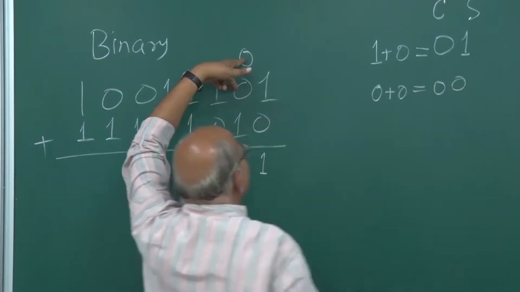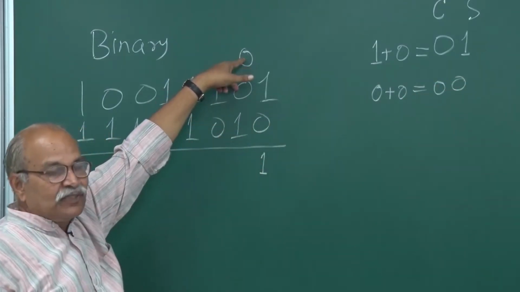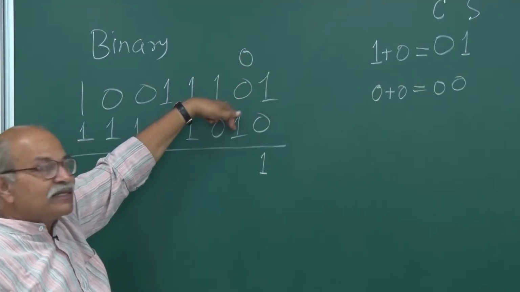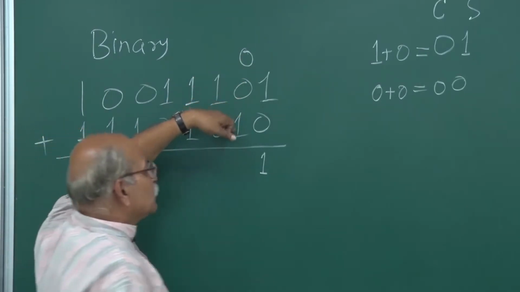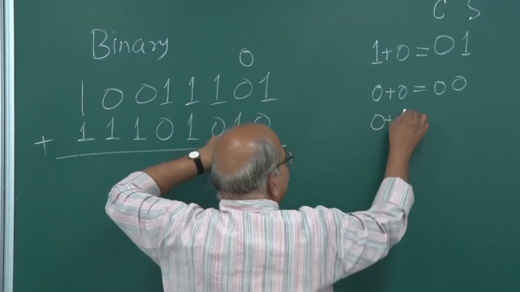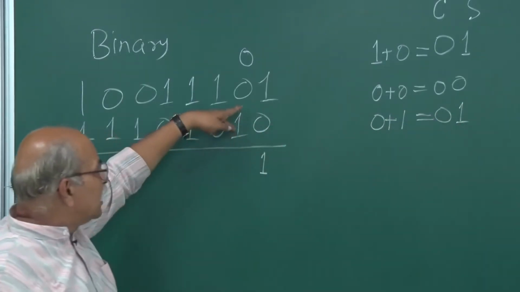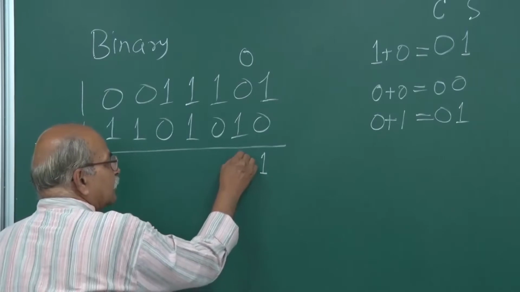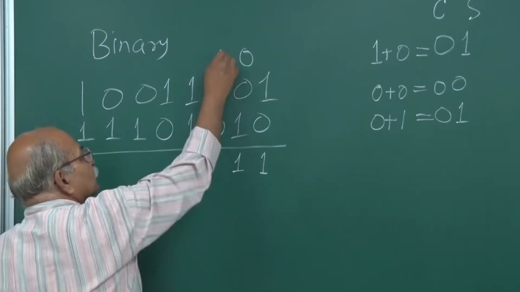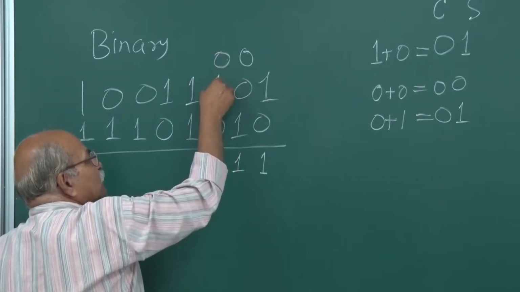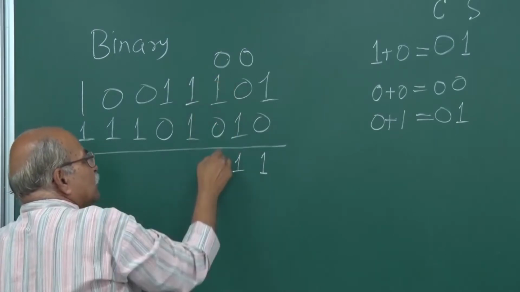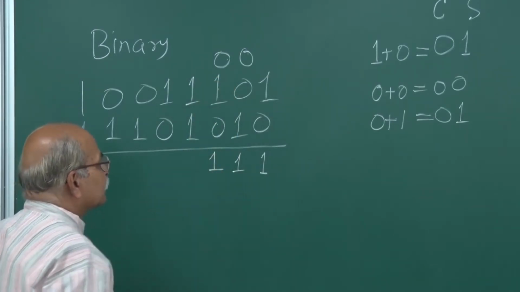So sum is 0 and carry is 0. And that sum is to be added in this. So 0 plus 1. 0 plus 1 is also 0 1. So sum is 1 and carry is 0. So 0 plus 1 will be 1 and 1 plus 0 will be 1. So this will be 1 here.